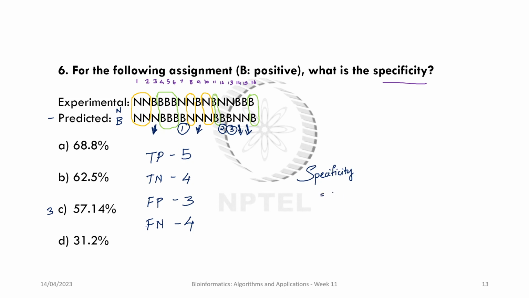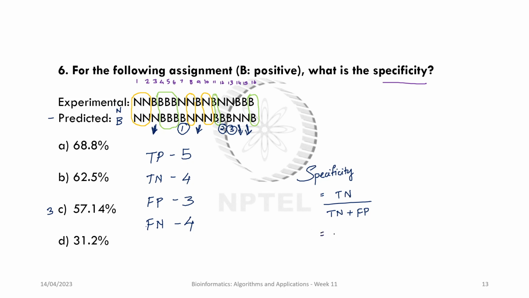Thank you, Kritika. Specificity is true negatives divided by true negatives plus false positives, because false positives are truly negative, right? Truly in the sense they are experimentally negative, so all the negatives put together go in the denominator and true negatives in the numerator.